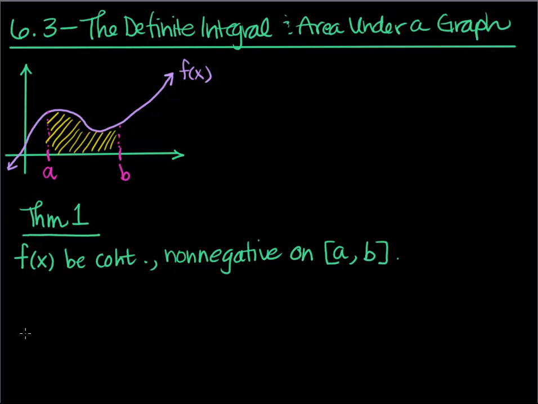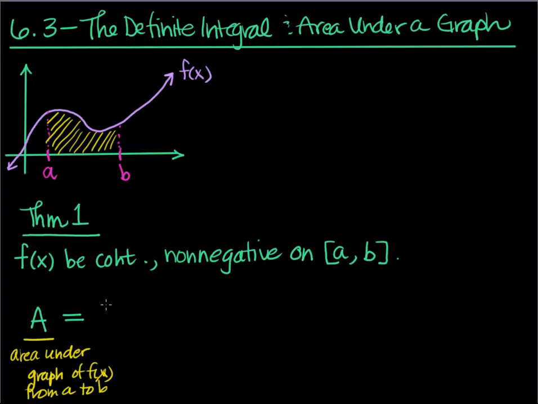What this is saying, and this is a big deal, is that the area underneath the graph, which I am going to denote today as a capital A, is the area under the graph of f of x from a to b, bounded by the x-axis. In this lecture, whenever you see a capital A, assume I'm talking about area under the graph.